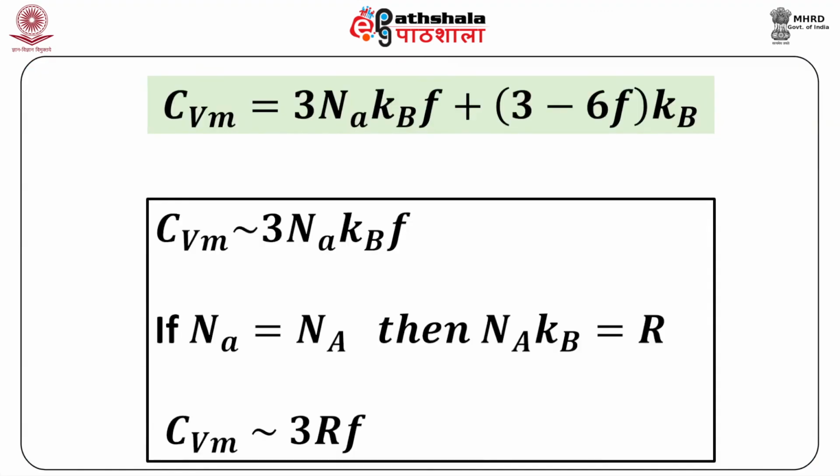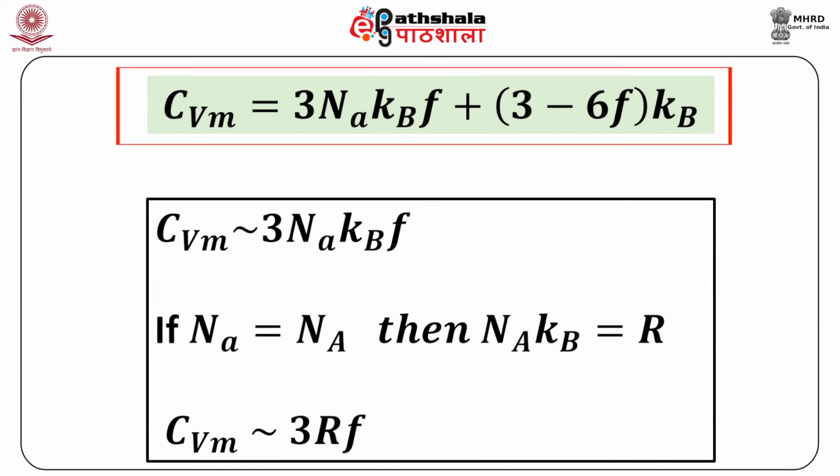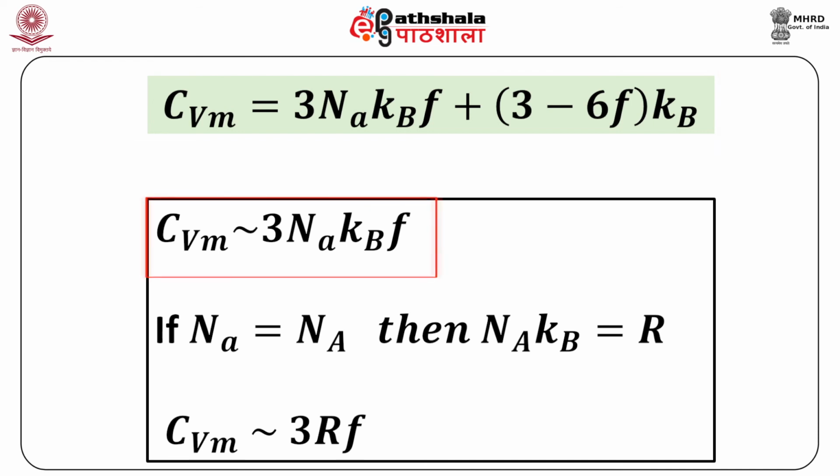Now, since Na is very large, the number of atoms in 1 mole being Avogadro's number, if you look at equation 8, you can appreciate that the second term, (3 minus 6f) kB, is negligible compared to the first term. Therefore the expression for the molar heat capacity at constant volume for an Einstein solid reduces to Cvm equals 3Na kB f, as shown in equation 9.